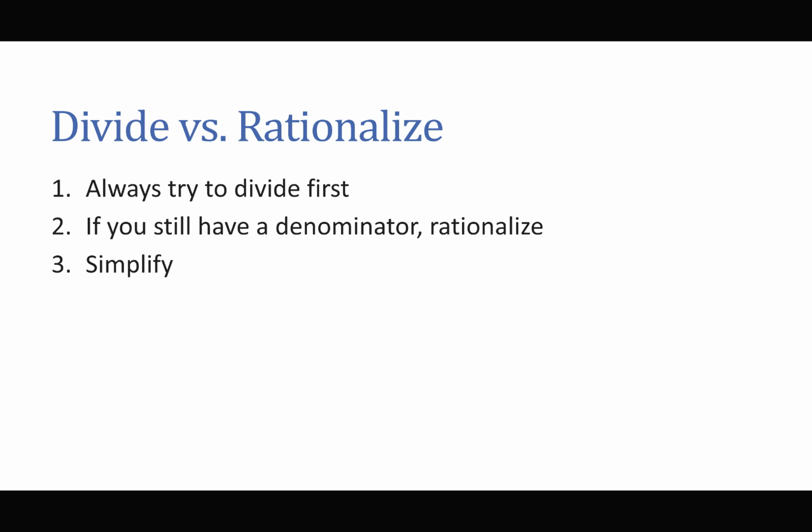All right, then if you still have a radical in the denominator, you can rationalize and simplify. But the first thing when you look at it, like, oh, shoot, I got some work to do here, look to see if you can write it as one big radical with a fraction, simplify that fraction, and that might take care of your radical right there.